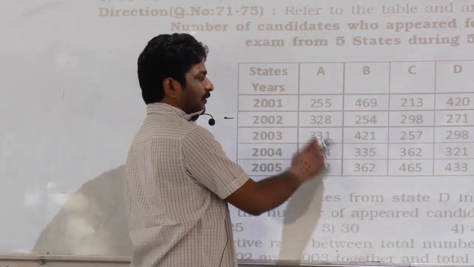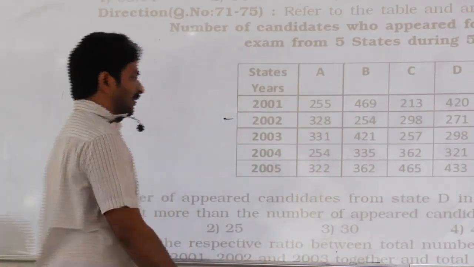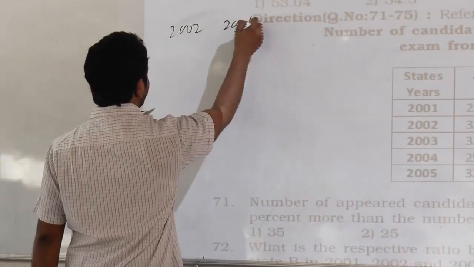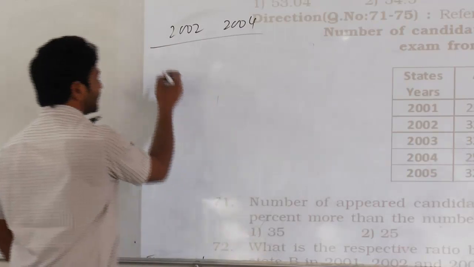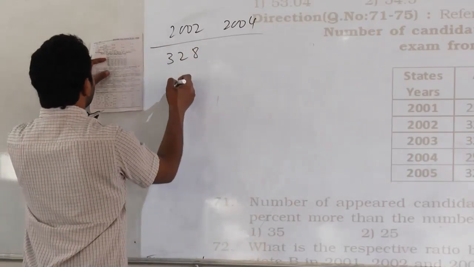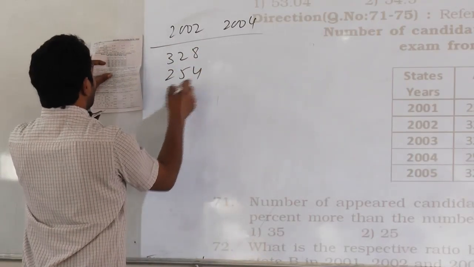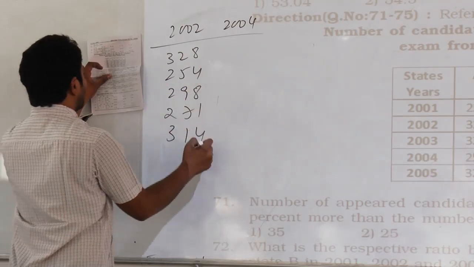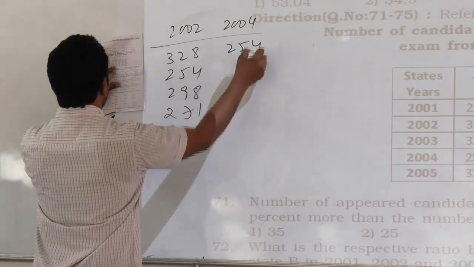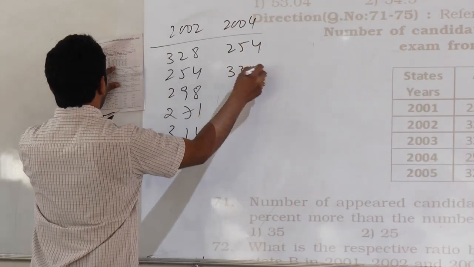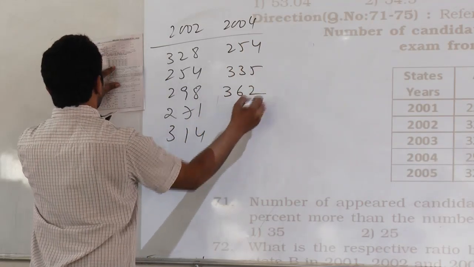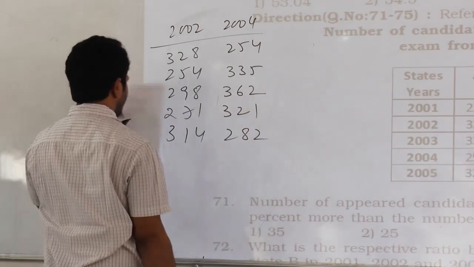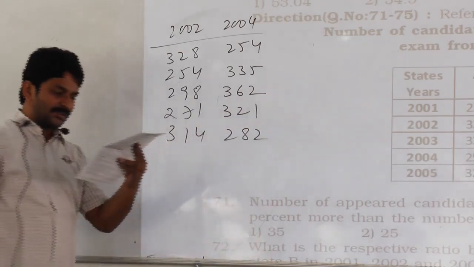Wait. 2002 and then 2004, right? Let's write the numbers first. 328, 254, 298, 271, 314. And then 254, 335, 362, 321, 282.